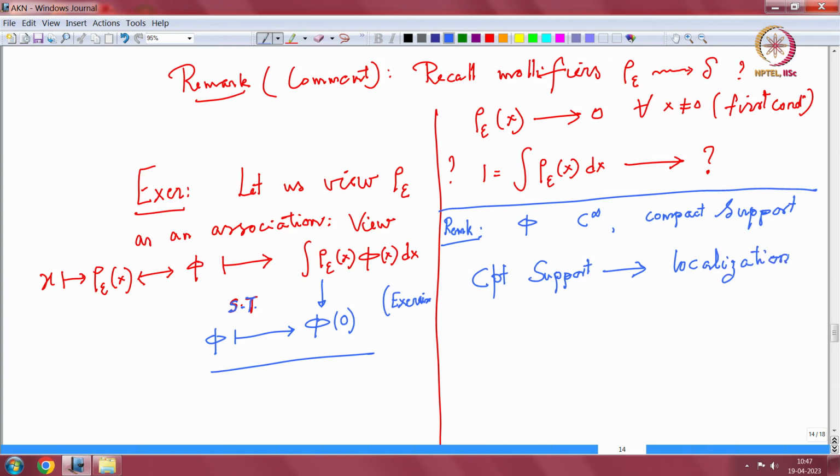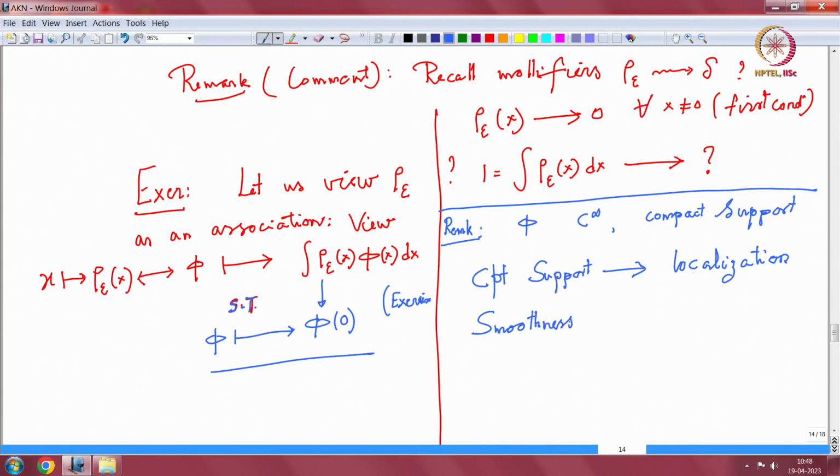If you have a phi, and you act on any small open set, it will recover there. If f is smooth, by taking averages you can actually get that function value, if the function value is defined. So, the compactness is used for localization.